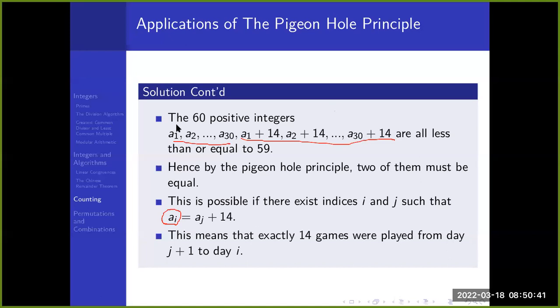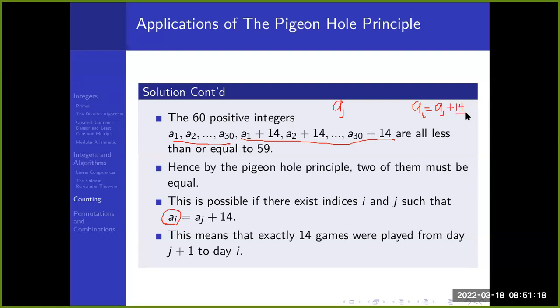Remember how we described these numbers? AJ is the number of games played on or before the Jth day. So if I have J plus 14, from J plus 1 up to I, there's an extra 14 days.